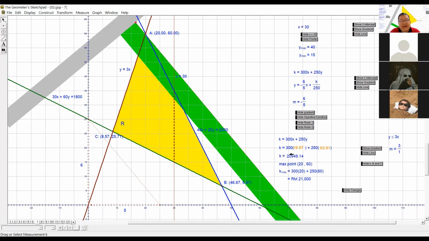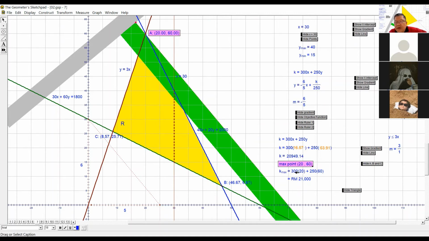Now, to be exact, I have to substitute the point inside the objective function. The maximum point, the point which is furthest away from the origin inside the shaded region, is (20, 60). So I take this maximum point (20, 60) and substitute it inside the objective function.